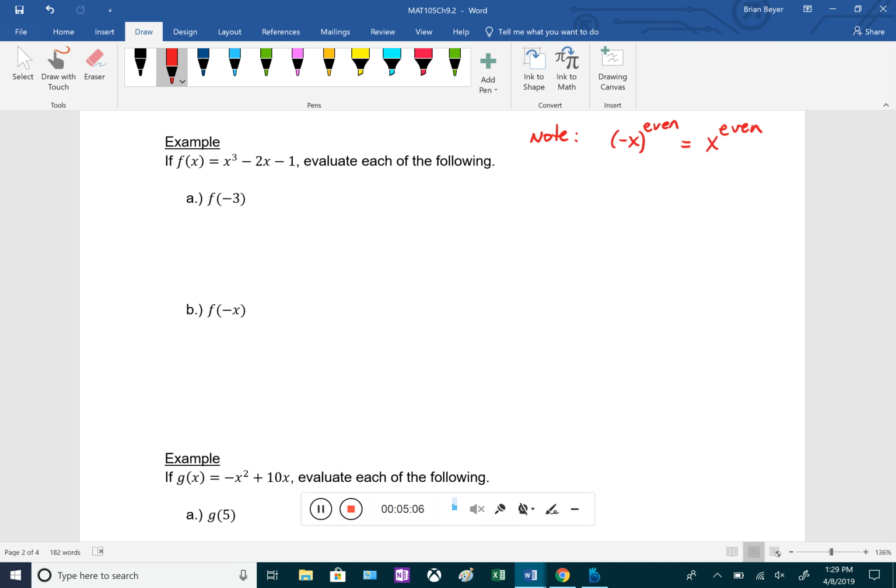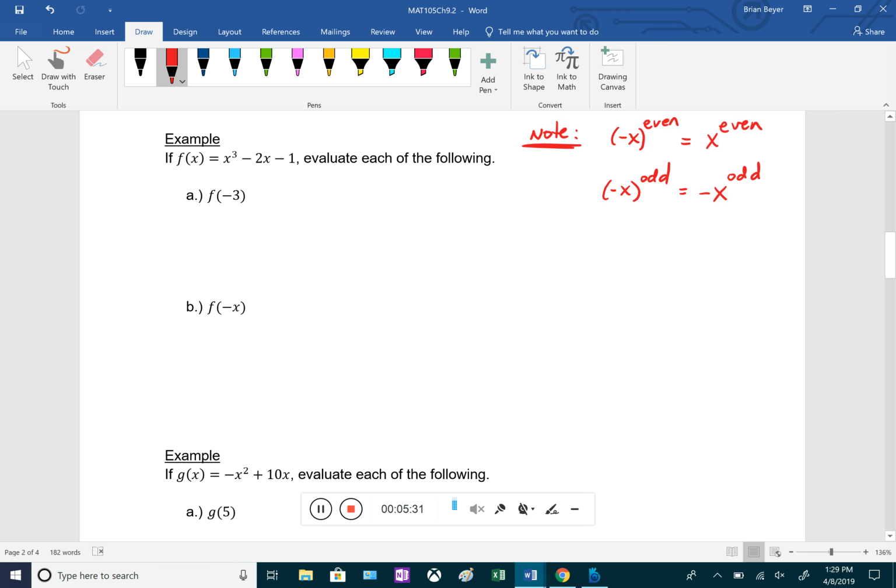Because if we have an even power, that means the negatives are going to group up in pairs and they're going to multiply to a positive. If you have a negative x to an odd power, there's always going to be one leftover negative. So the parentheses get dropped, but the whole thing is still negative. Okay, so that's pretty important, a good shortcut for doing these.